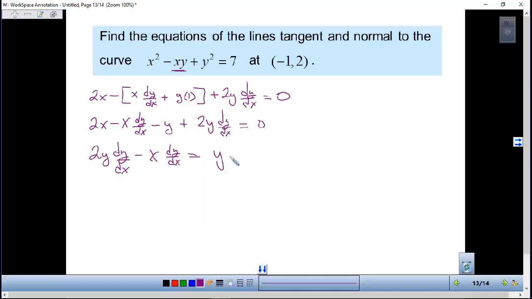So I end up with y minus 2x. All right, so then I've got my common factor of dy/dx that I can factor out of these two terms.